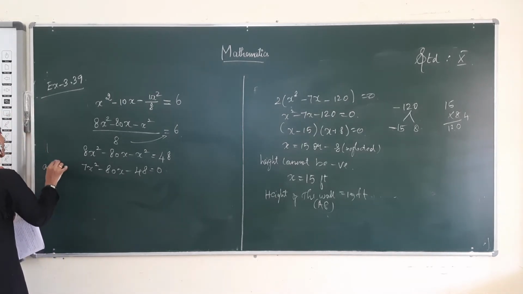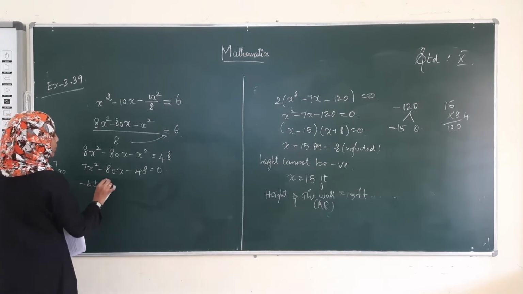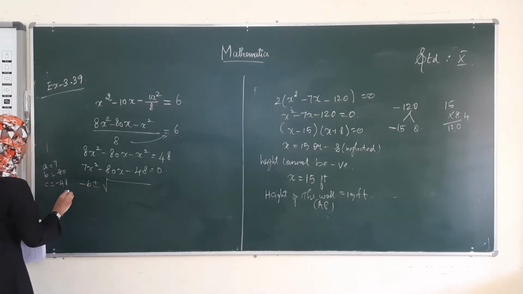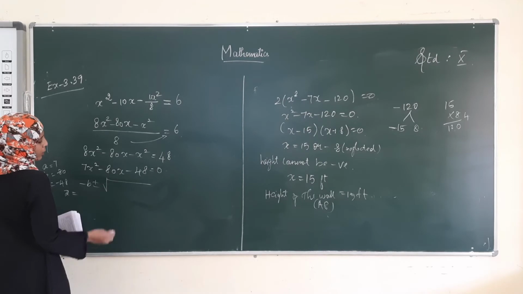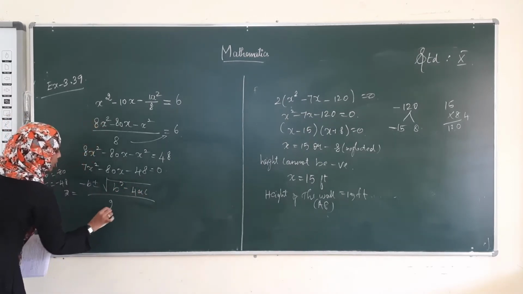See, a is 7, b is minus 80 and c is minus 48. Using the formula, x is equal to minus b plus or minus root of b squared minus 4ac divided by 2a.